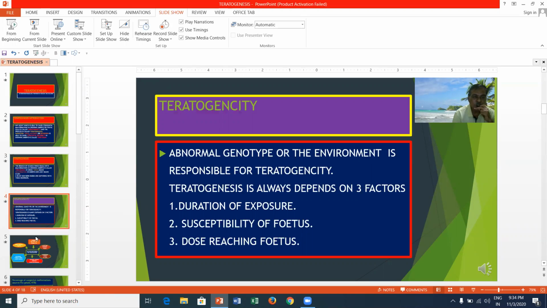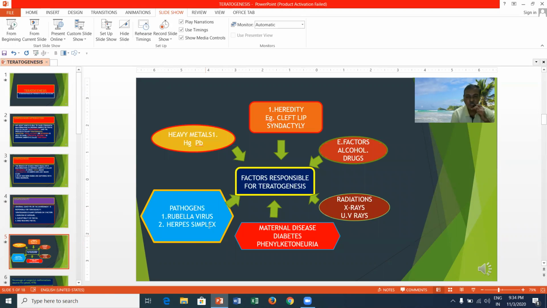Here you can see teratogenesis is caused by so many factors. The factors responsible for teratogenesis are heavy metals like mercury and lead, which also act as teratogenic agents. Heredity also acts as a teratogenic agent. It causes cleft lip, syndactyly.